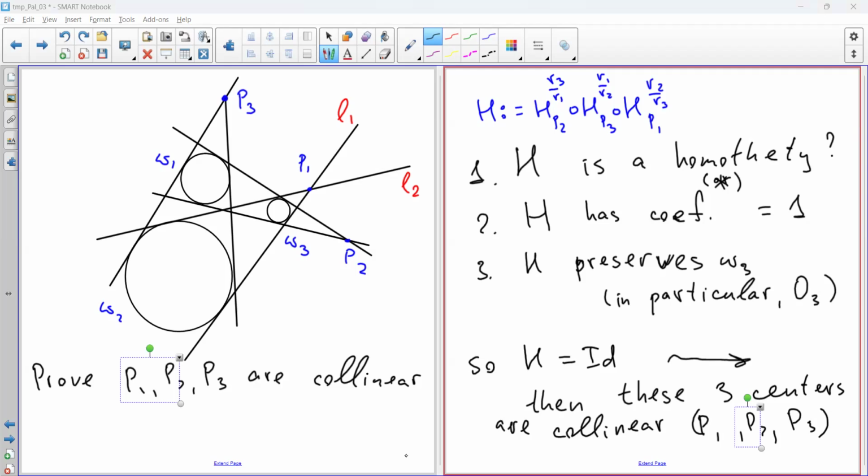Yes, exactly. If it's identical, but the question is whether it's a homothety or a translation, a parallel translation. Yes, that is correct.